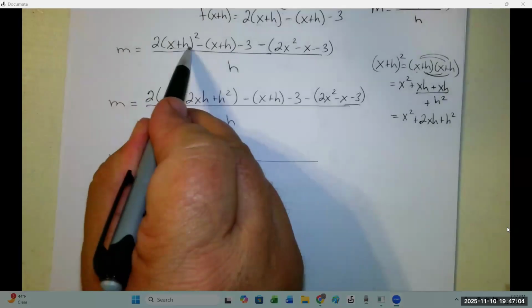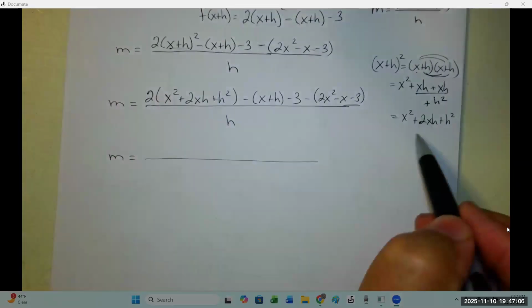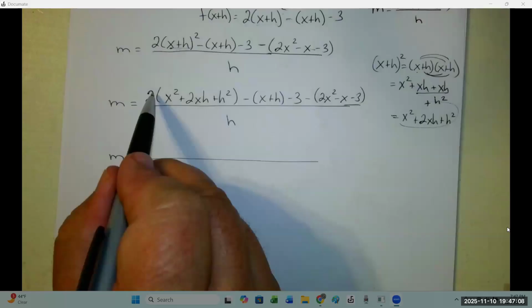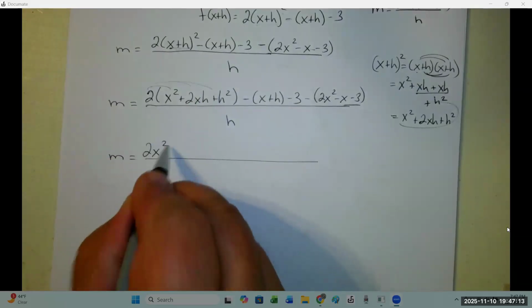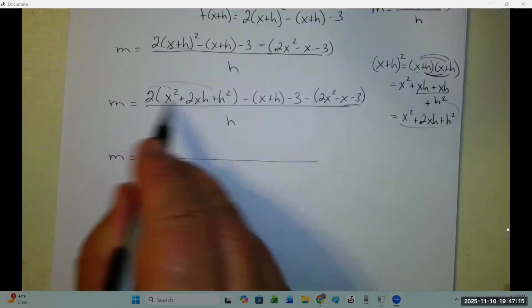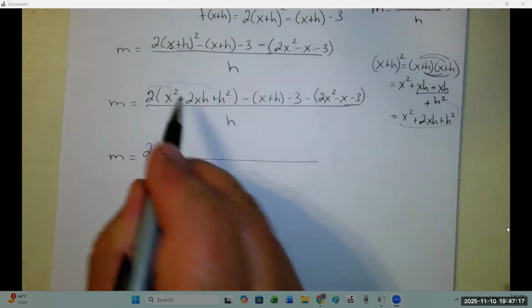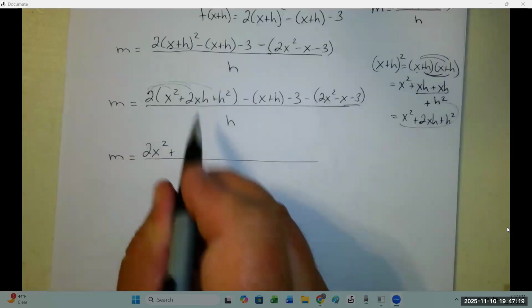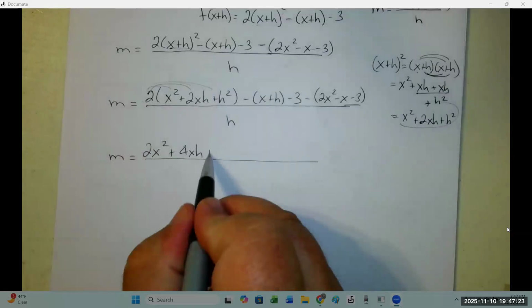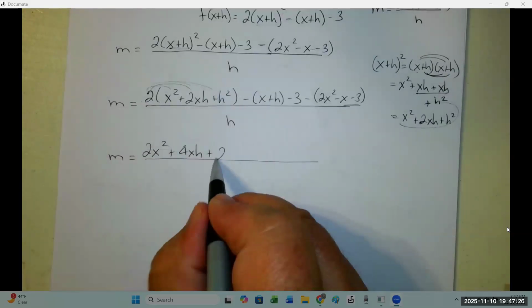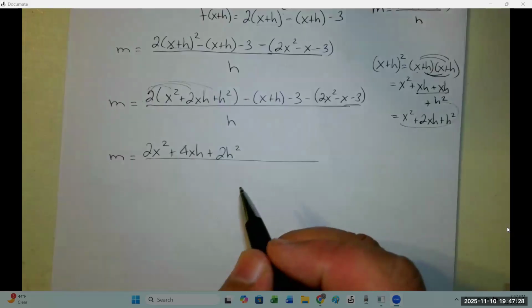So we expanded the x plus h squared. That became this equation. Now we get rid of the parentheses. So 2 times x squared is 2x squared. They're all positives here. 2 times 2 is 4xh. 2 times h squared is 2h squared.